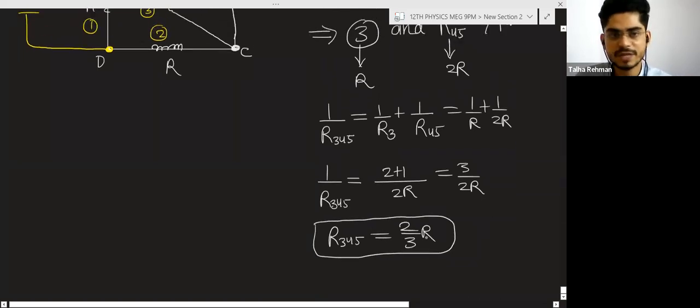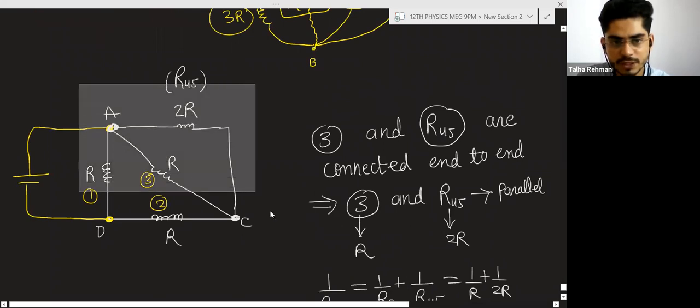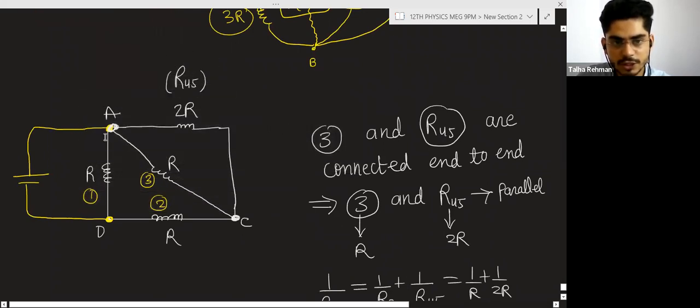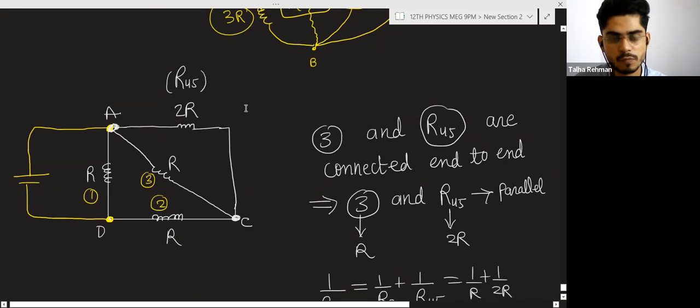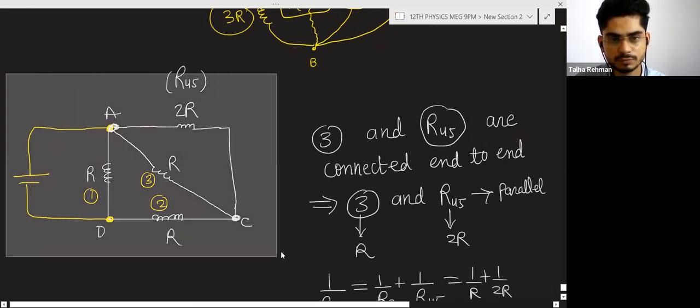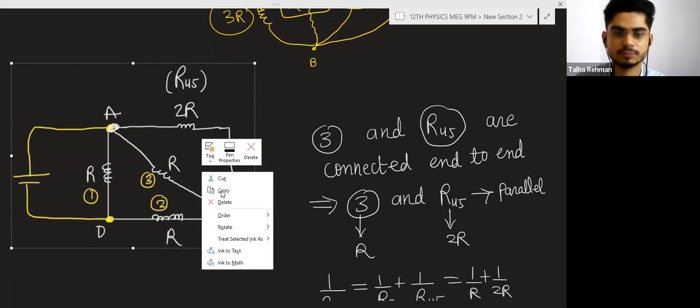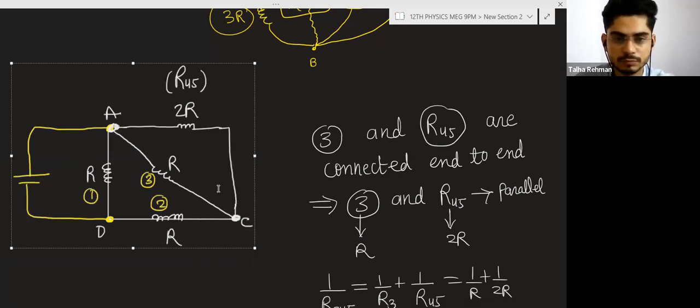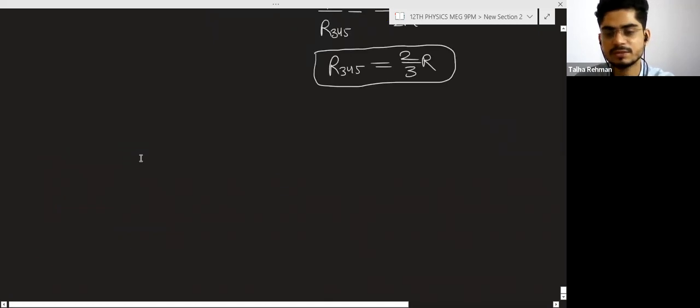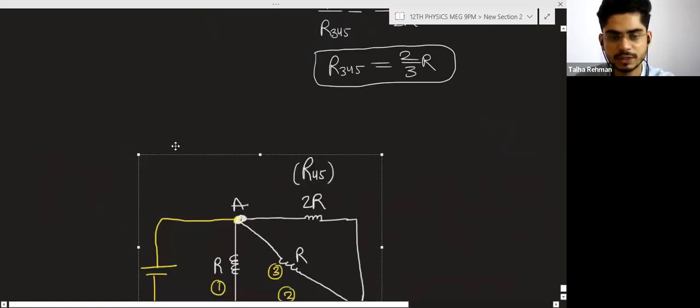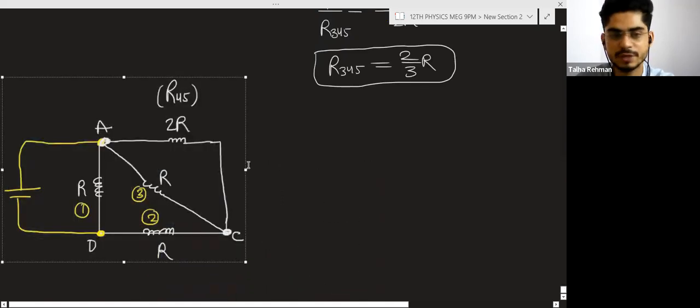Now we have just calculated the equivalent resistance of these two resistances. Now we will again modify the circuit. This is the simplest method. Otherwise, you will get confused in solving.